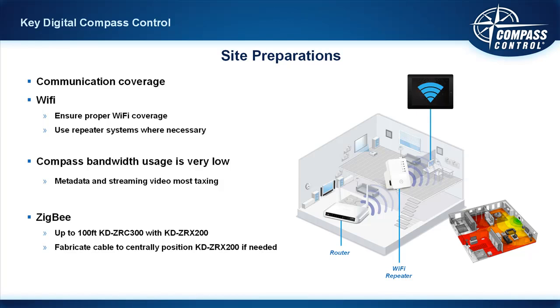We've actually got a Zigbee boost system through the ZRC300 with the ZRX200 that we have tested and works 100% reliably in commercial business suites at approximately 200 feet. And when I say approximately, it might even be a little closer to 225 feet.